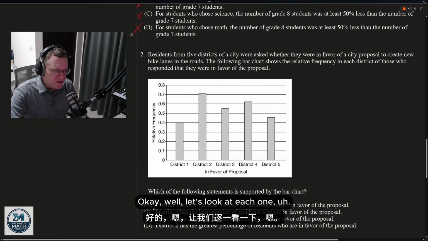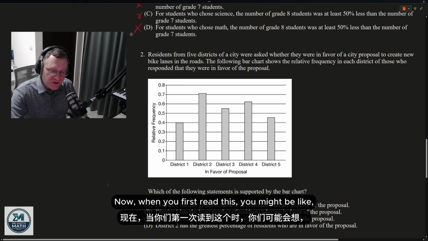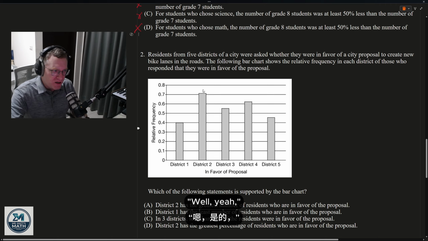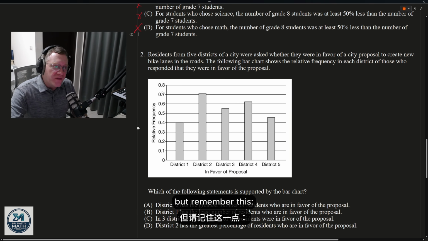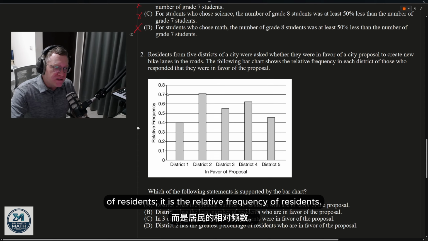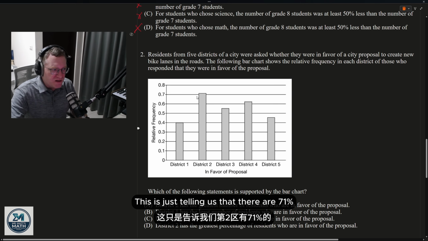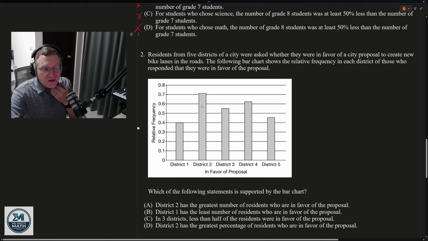Okay, well, let's look at each one. A, District 2 has the greatest number. Now, when you first read this, you might be like, well, yeah, District 2 has the greatest number. Boom. But remember, this scale that we're looking at is not the number of residents. It is the relative frequency of residents. This is just telling us that 71% of the residents in District 2 are in favor.